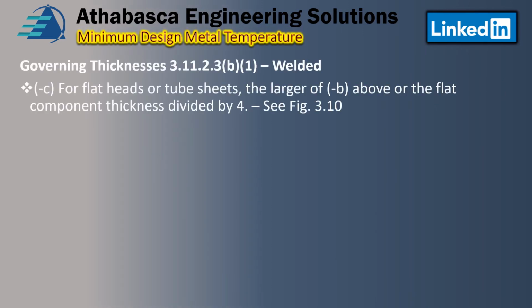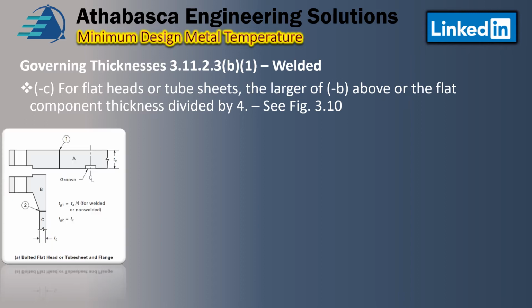Part C is for flat heads and tube sheets, and the larger of B basically for flat components, and then you take the flat components and divide them by 4, and you can see Figure 3.10, excuse me, for more details. So here's an example of what I mean by the governing thickness.